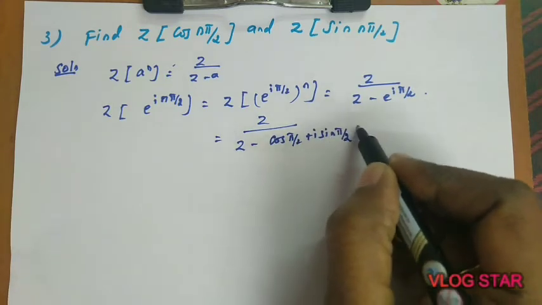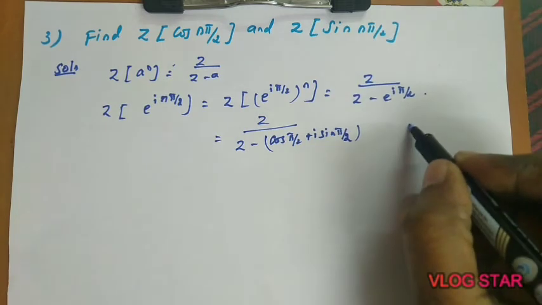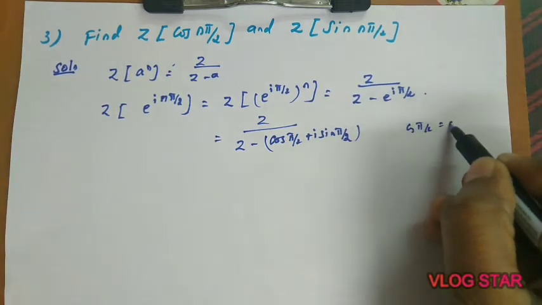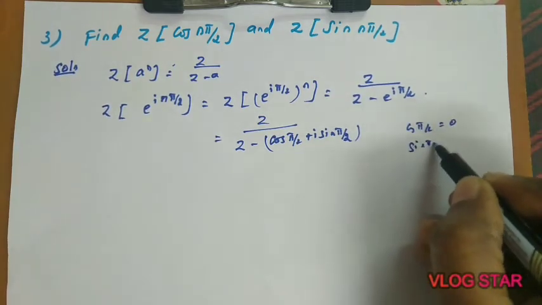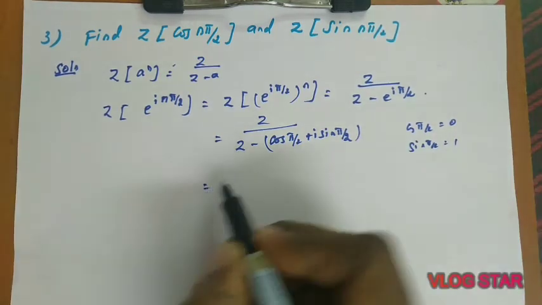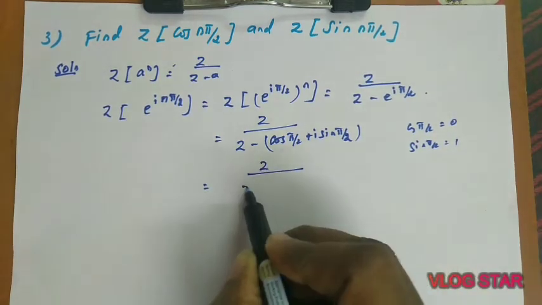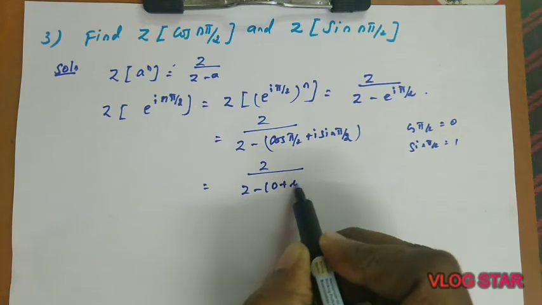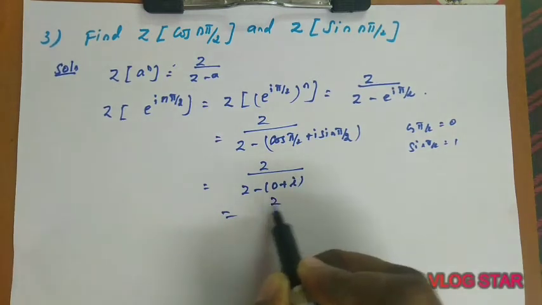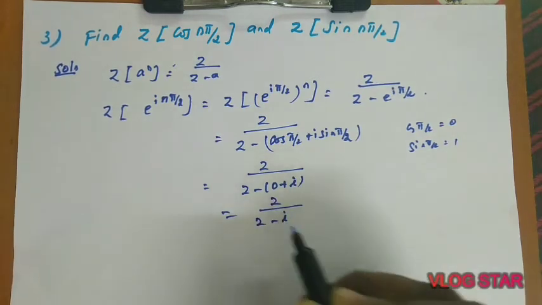The value of cos pi by 2 is 0 and sin pi by 2 is 1. Applying that, we get z by z minus (0 plus i), which is equal to z by z minus i.